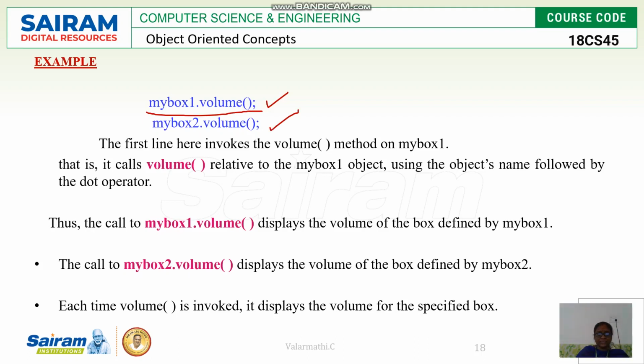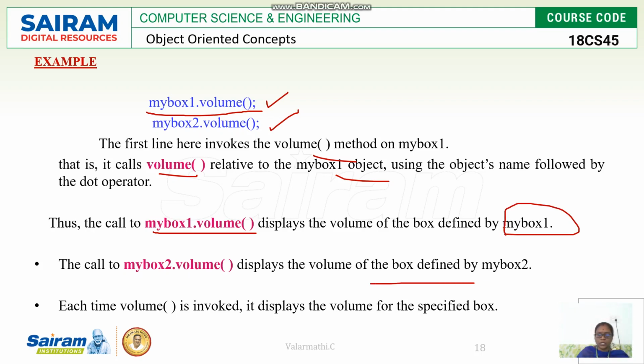Here is one example: mybox1.volume and mybox2.volume are method calls. The first line invokes the volume method related to the mybox1 object, and displays the volume of the box defined by mybox1. mybox2.volume displays the volume of the box defined by mybox2.